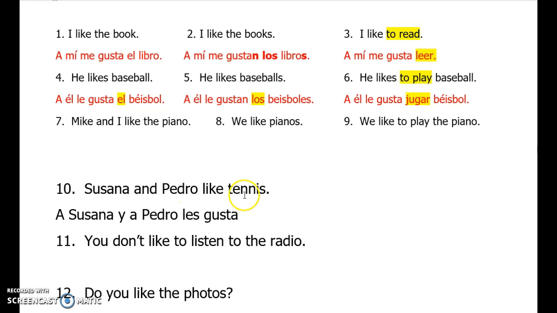The verb is gusta. They like tennis, the noun. Well, gusta is singular. The noun is el tenis. Only one N in tenis in Spanish. So we used the singular form of gusta right here because el is singular. It is the noun, not the action.